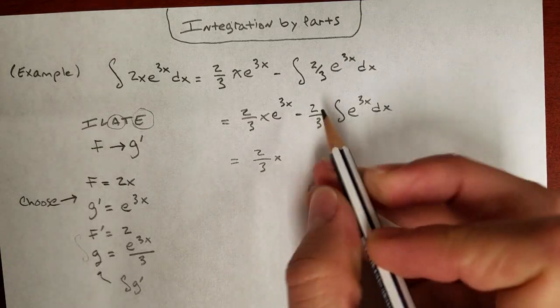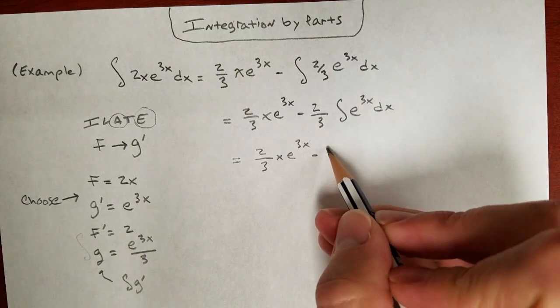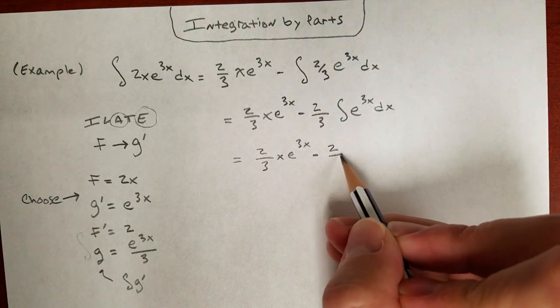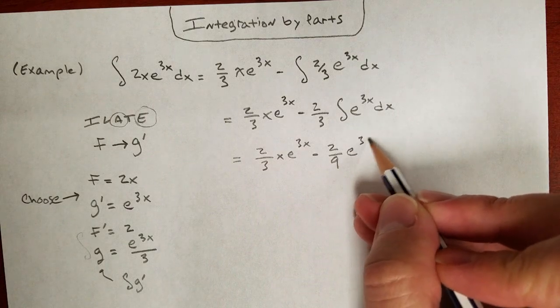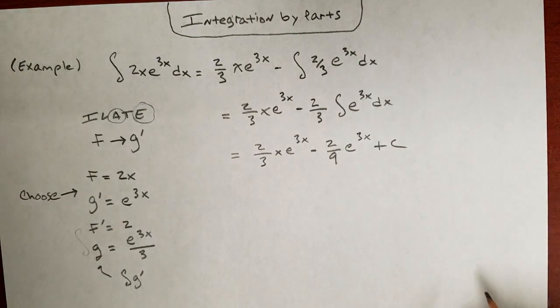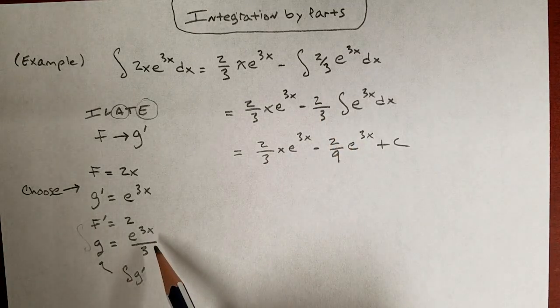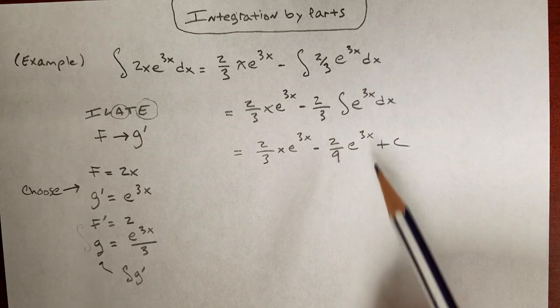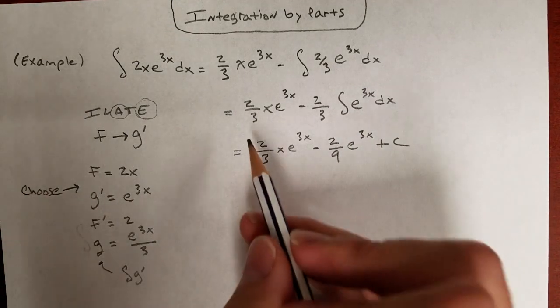2/3 x e to the 3x minus 2/9 e to the 3x plus C. That's 2/3 times e to the 3x over 3, which is 2/9 e to the 3x over 3. And then we're done at that point.